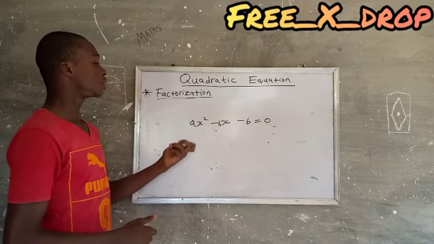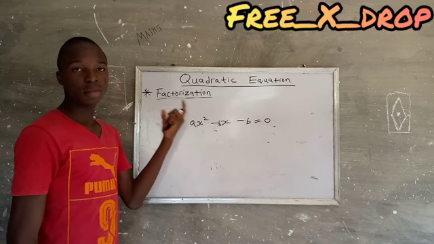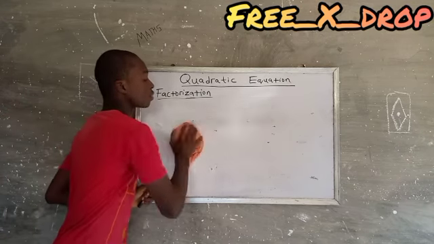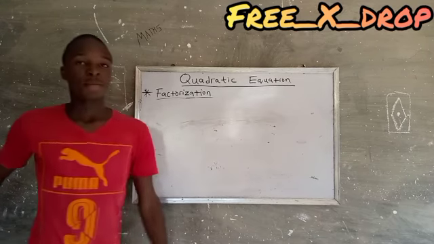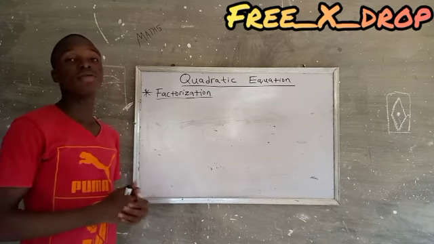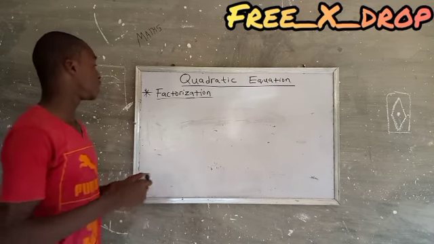Today I'm going to be teaching you how to solve quadratic equations using the factorization method, so stay with us till the end of the video. We are going to be checking three cases, and we'll go to case 1 immediately.